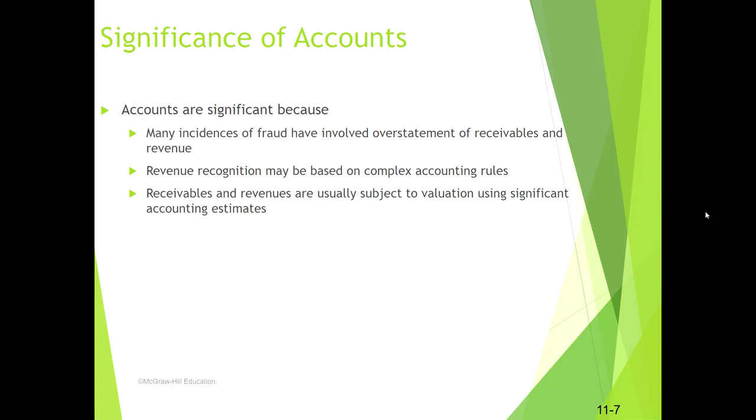Revenue recognition, depending on the industry, can have complexity in the rules that are used to determine whether revenue can be recognized in a current period or not. I believe you've had exposure to some of the new revenue recognition rules from the FASB, but if you haven't, that is an area that FASB has attempted to provide more structure around, but it's not quite as simple as it used to be, which was, are the revenues earned, and is there a reasonable expectation of payment being made?